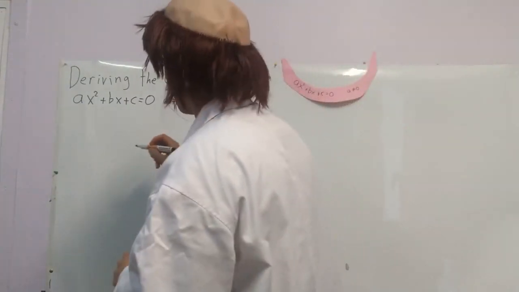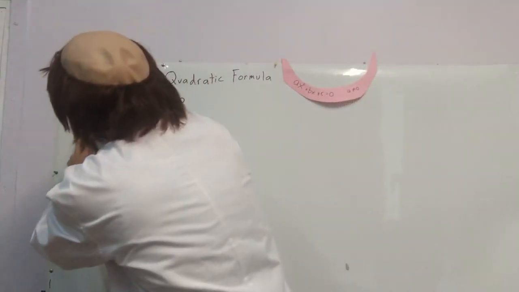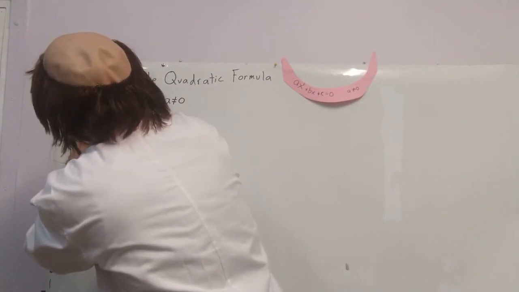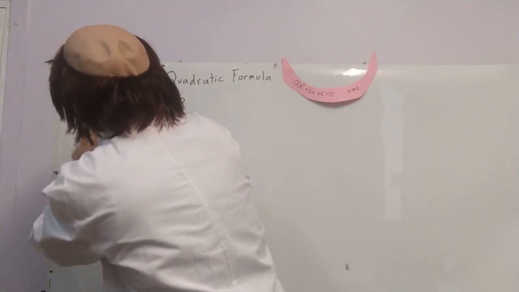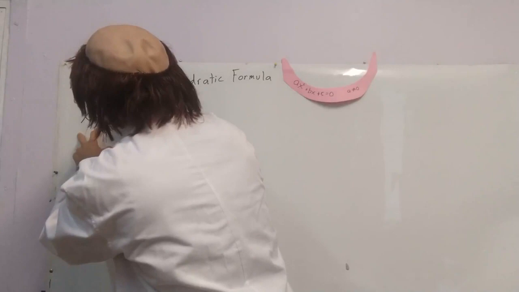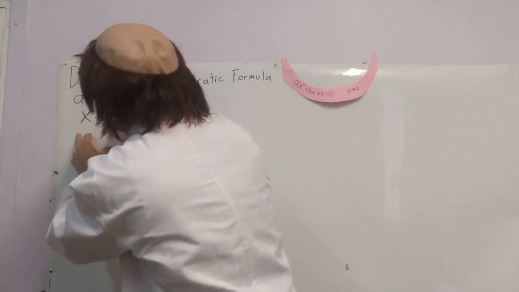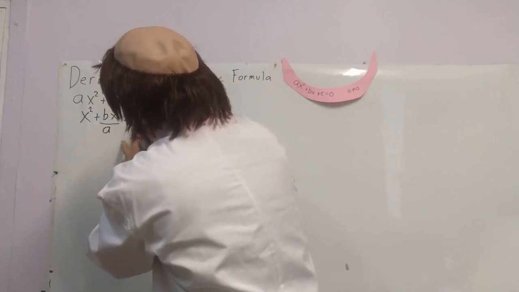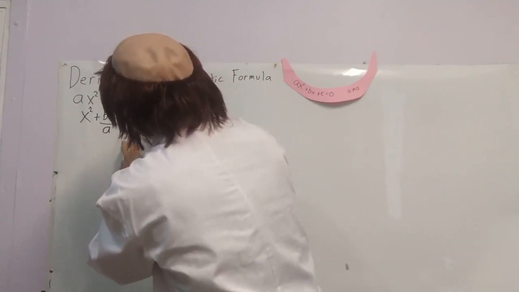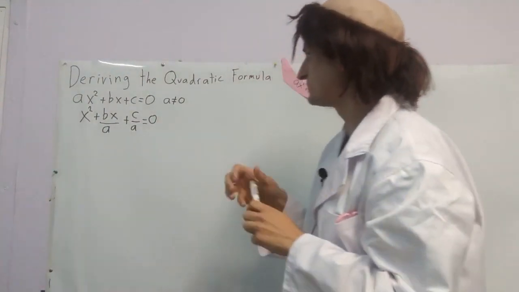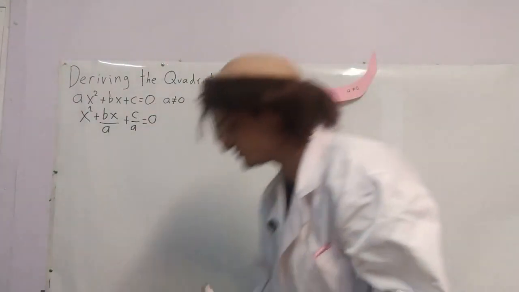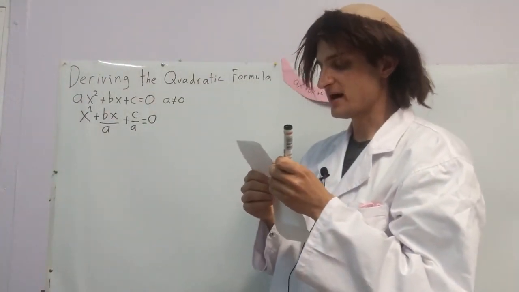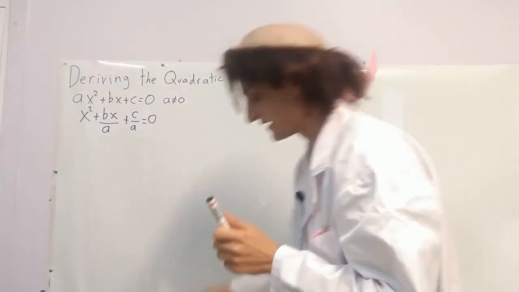Let's divide by a. We'll get x squared plus bx over a plus c over a equals 0. What's step number 2? Move the constant to the other side.